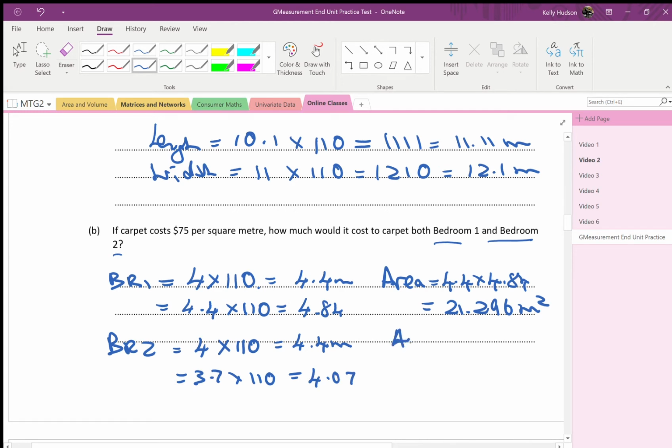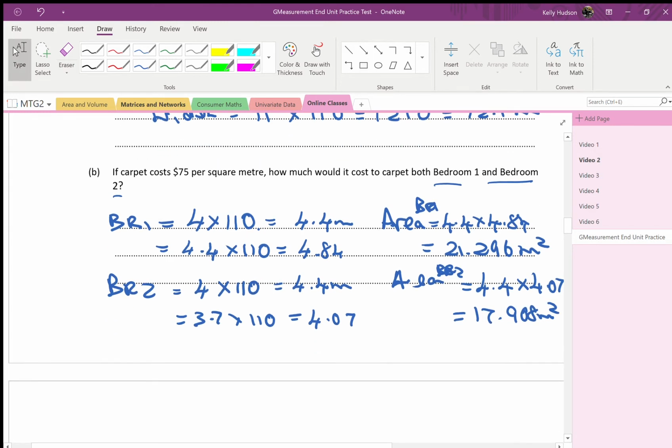So the area, I'll call this one bedroom 1, bedroom 2, is 4.4 multiplied by 4.07, and that's approximately 17.908 metres squared.